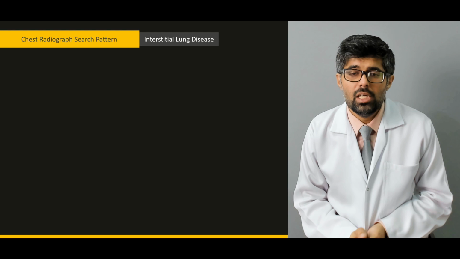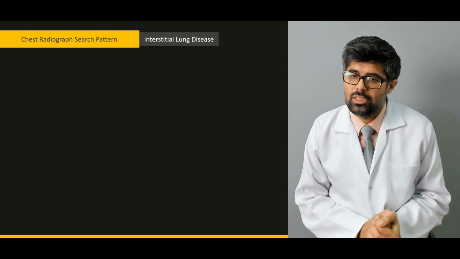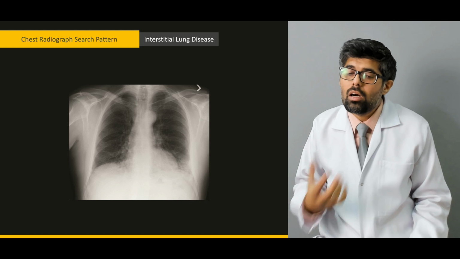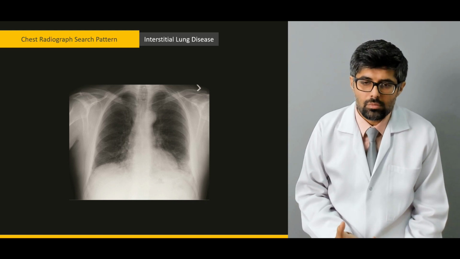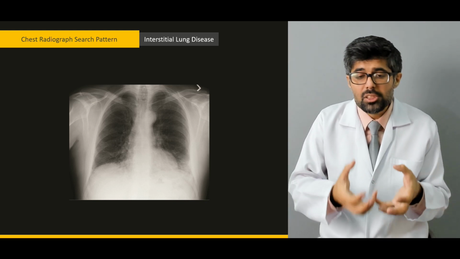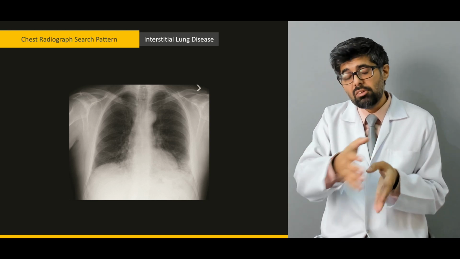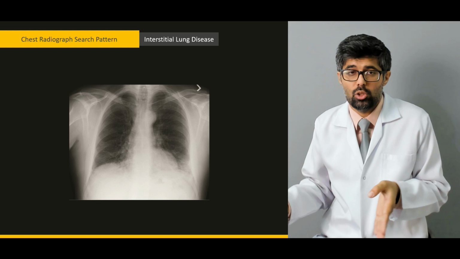Next, we have the interstitial lung disease. Interstitial lung disease is very interesting because in it, alveoli are not engaged. The interstitium, that is the connective tissue between the respective alveoli, is lost.